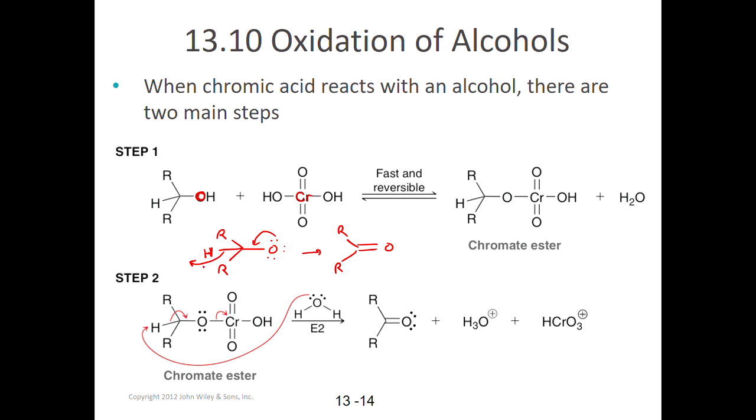However, that doesn't really make sense from an electronic point of view, because hydrogen is much lower in electronegativity. It's lower than carbon, especially. It's not going to take electrons away. It's very difficult for hydrogen to pull electrons away when it has a lower electronegativity. So that's not really the movement of electrons that occurs in the mechanism.